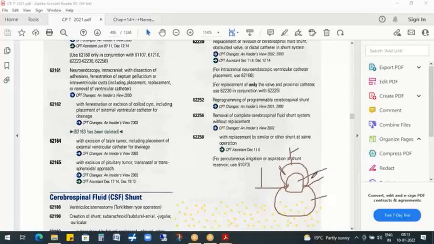That means cervical, thoracic, lumbar, etc. Second point, what we need to look for: how many levels or segments are involved in the procedure?